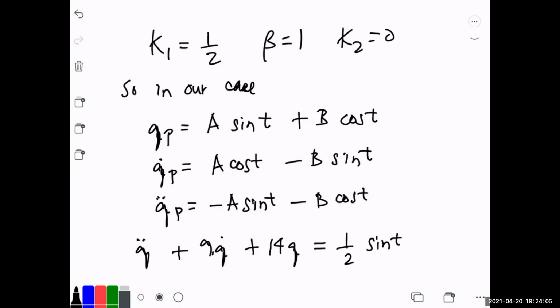So our goal here is, after we substitute these three equations, we will actually be comparing coefficients of like terms. Okay, so let's try to substitute in our equation. So let's go to the next page.